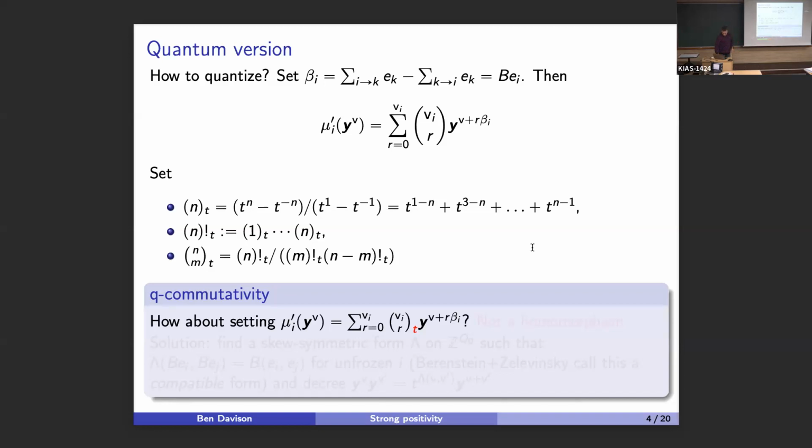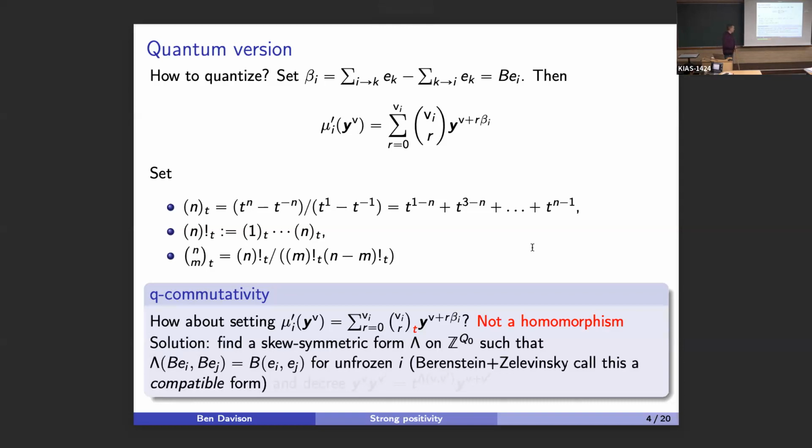What's wrong with that? Well, quite a lot, really. It's not a ring homomorphism. It's quite easy to check that this is just not an algebra homomorphism, and so that's not going to work. But it's somehow quite easy to fix.